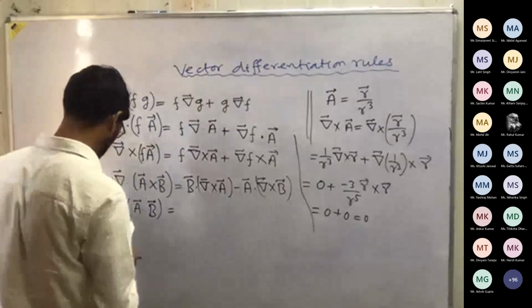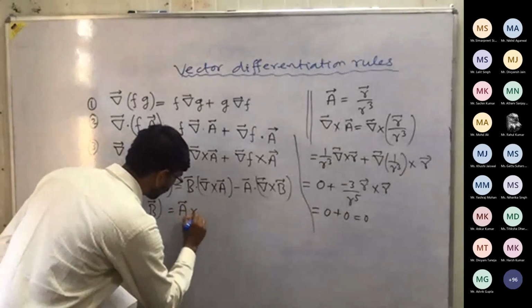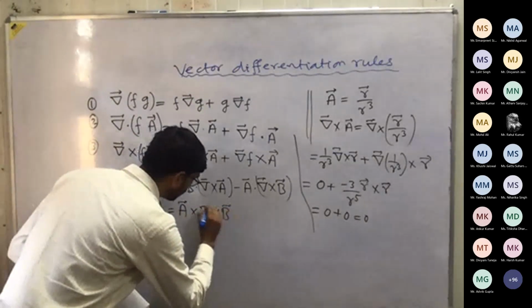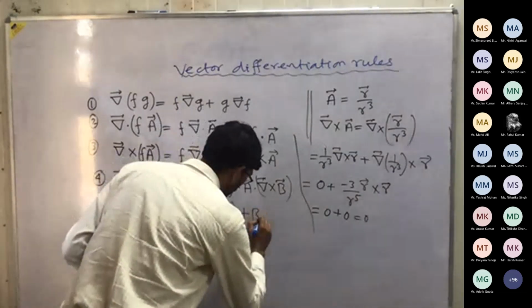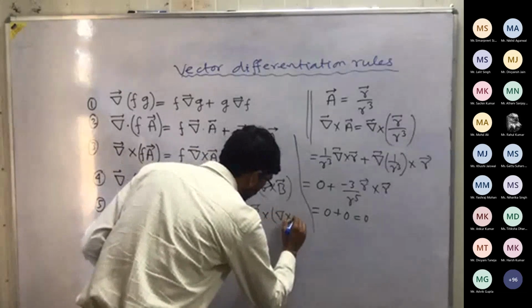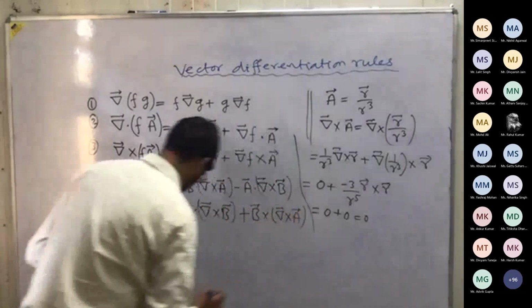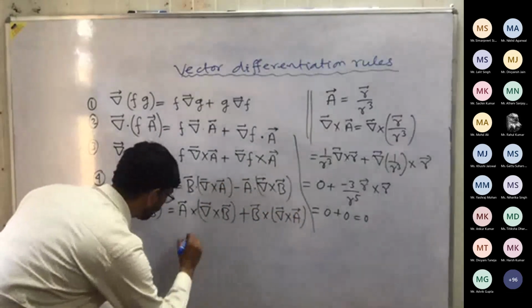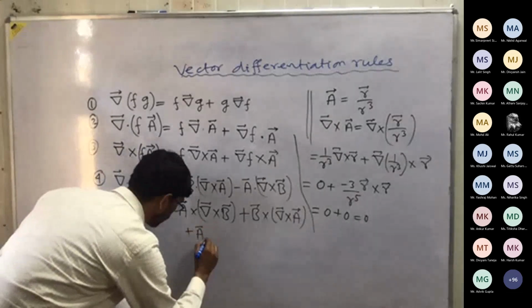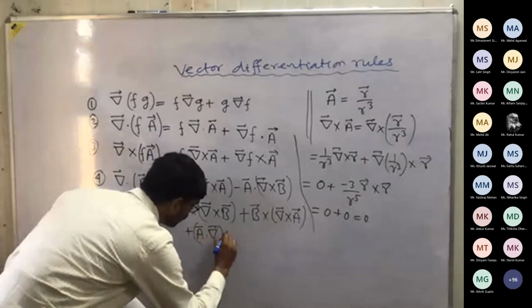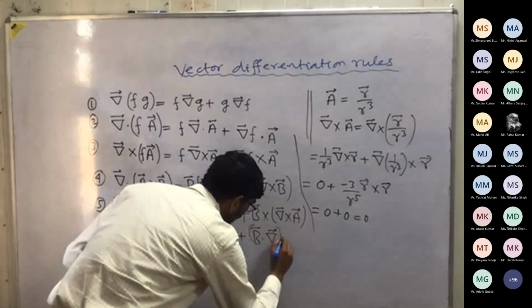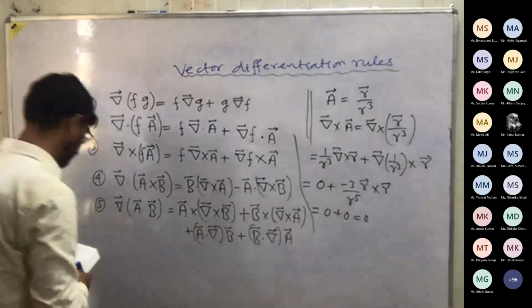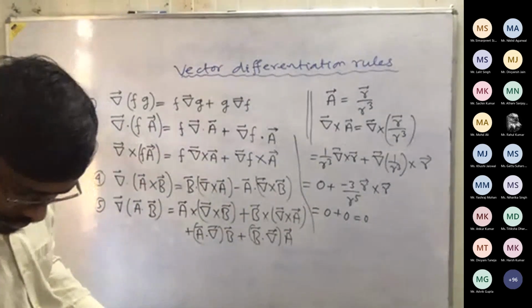Now I'll copy it. Okay, so we have A cross curl B, and then we have B cross curl A, plus A dot del B, plus B dot del A. And then you have another formula which is very similar to this one.